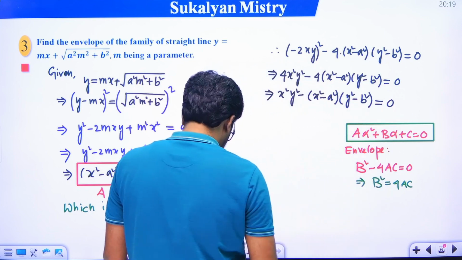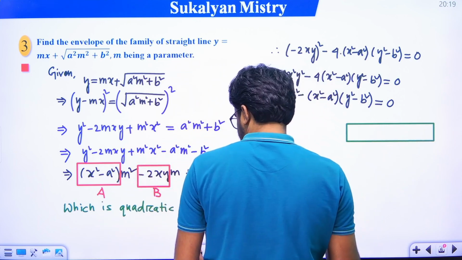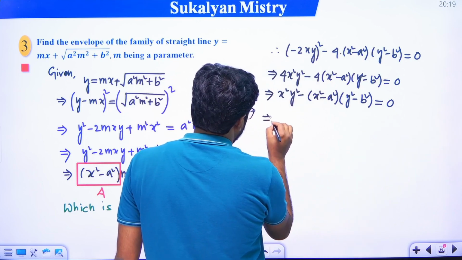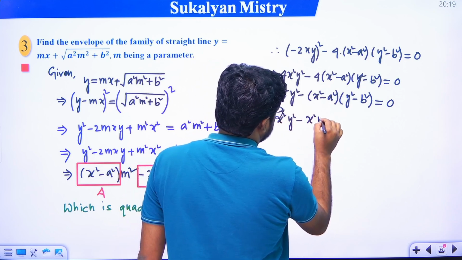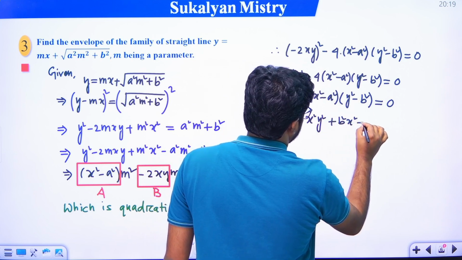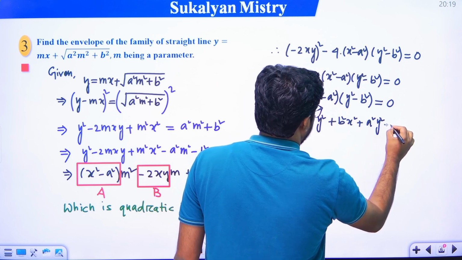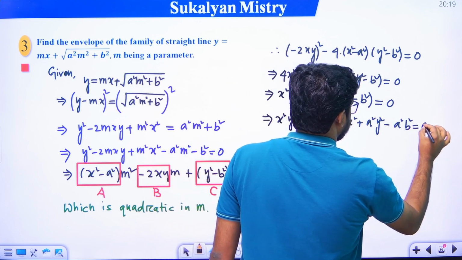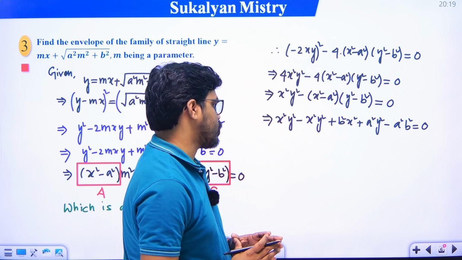Okay, so this implies x square y square minus x square y square plus b square x square plus a square y square minus a square b square is equal to 0. So plus x square y square minus x square y square cancel.